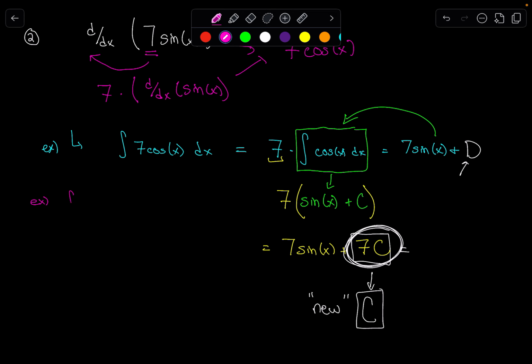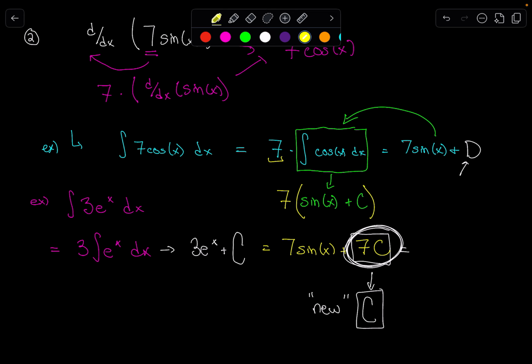If I had the integral of 3e to the x dx, then I can pull the 3 out: 3 times the integral of e to the x dx. And there are 2 ways you can think about this. You can just say the antiderivative of e to the x is just e to the x, so the answer is going to be 3e to the x plus c.